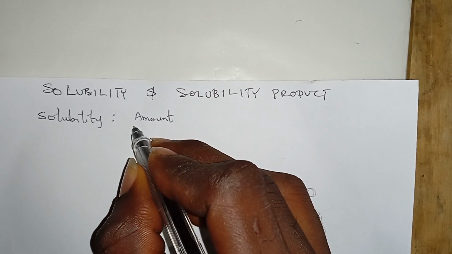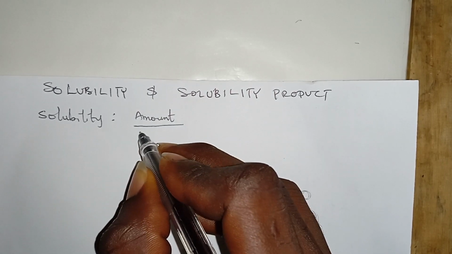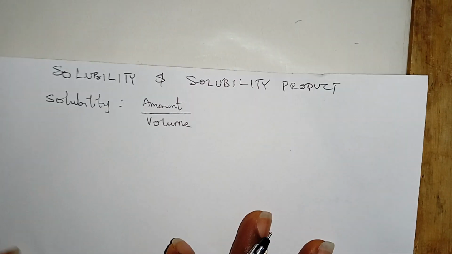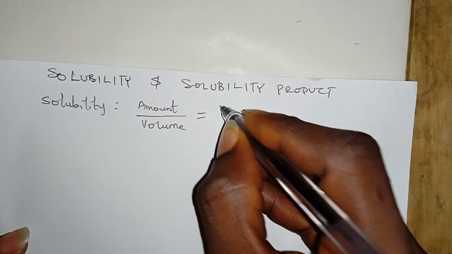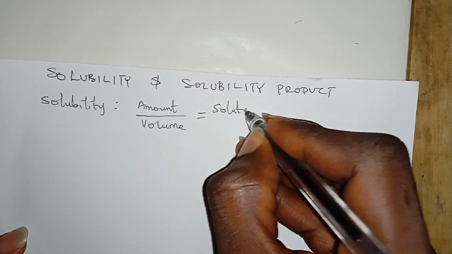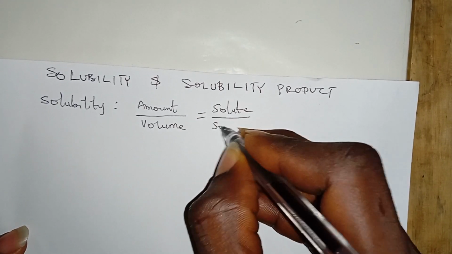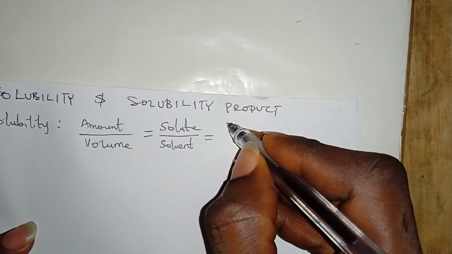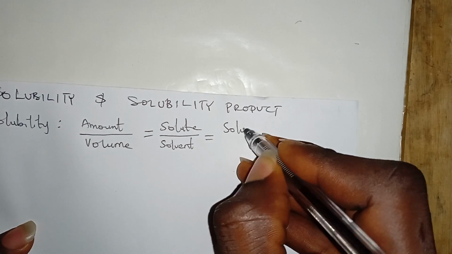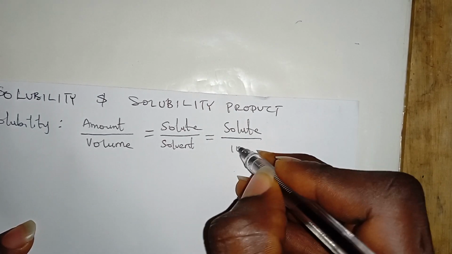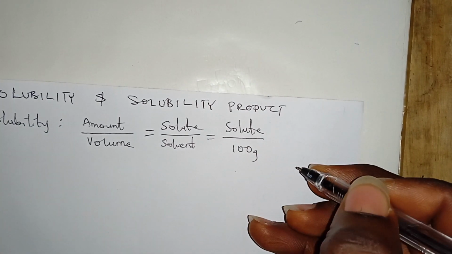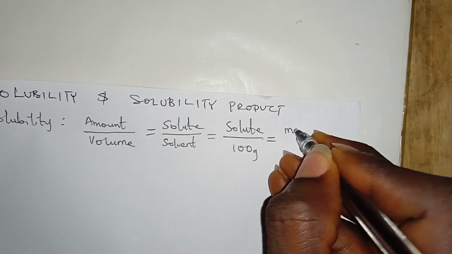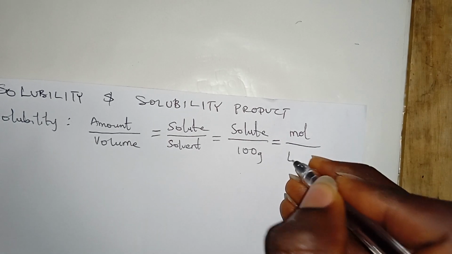So whenever you have to think about amount all over volume, you know that what you're talking about is solubility. Whenever you have to think about solutes all over solvents, you know that what you're talking about is solubility. Whenever you have to think about solutes in 100 gram of solvents, you know that what you're talking about is solubility. That is why the unit of solubility is simply mole per liter.